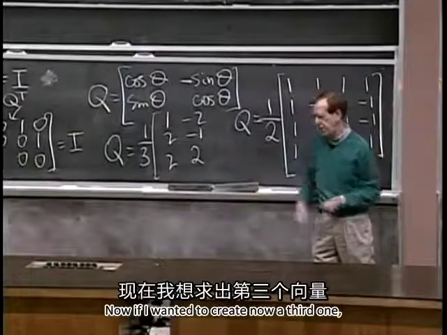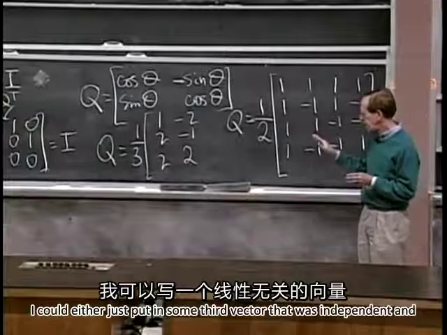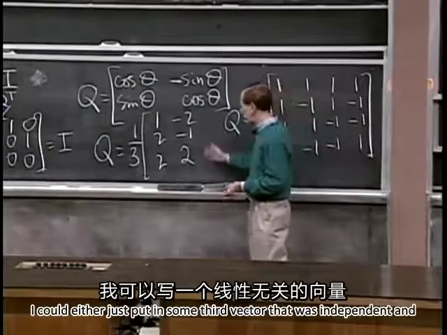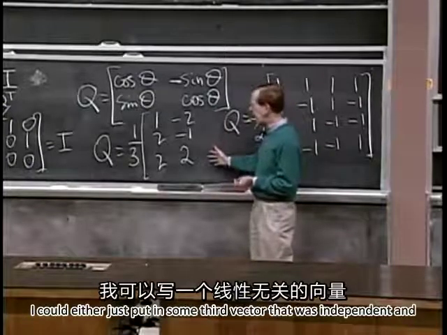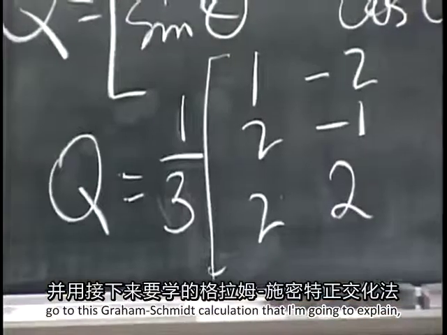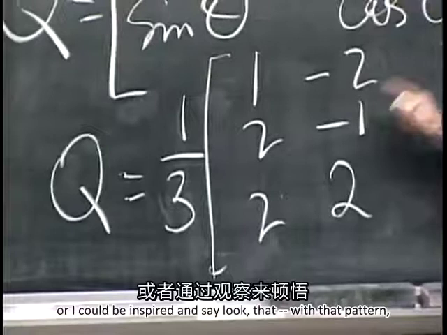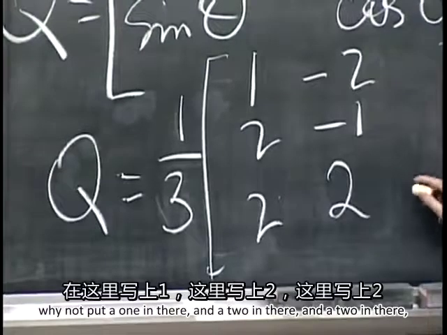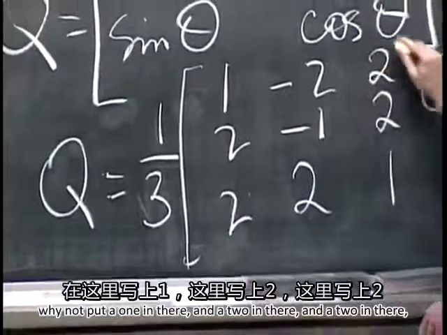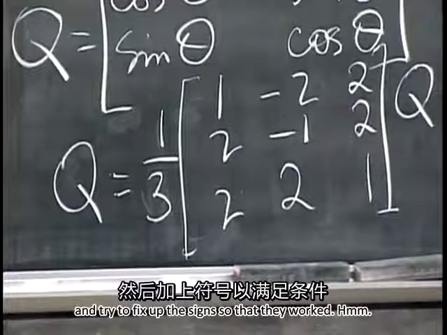Now, if I wanted to create a third one, I could either just put in some third vector that was independent and go to this Gram-Schmidt calculation that I'm going to explain, or I could be inspired and say, look, with that pattern, why not put a 1 in there and a 2 in there and a 2 in there and try to fix up the signs so that they worked?